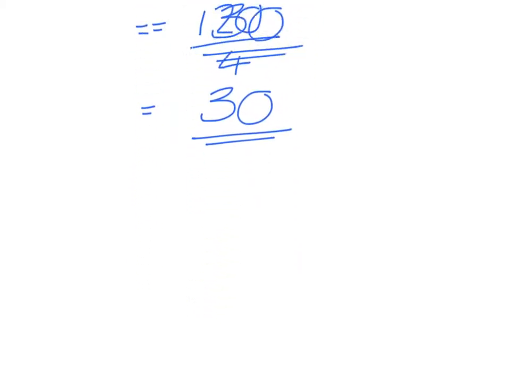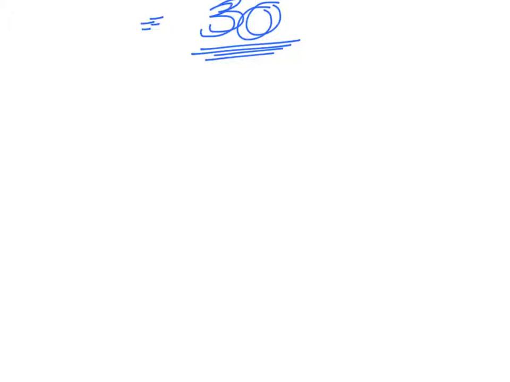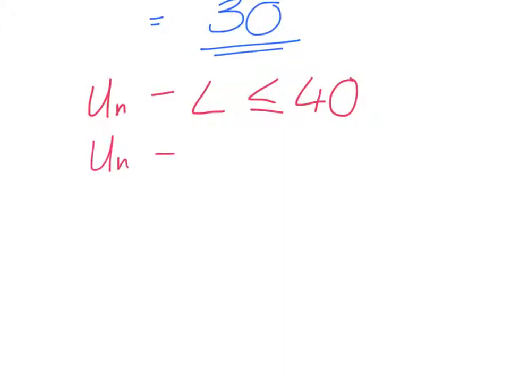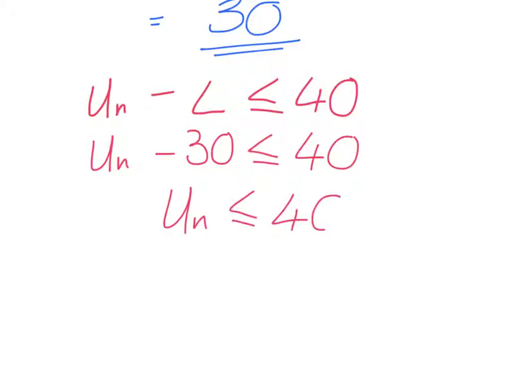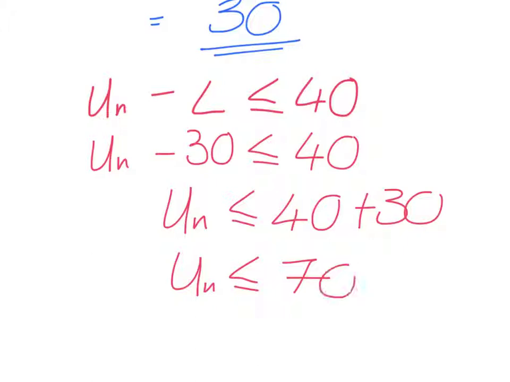Part B asks us to find un such that un, take away the limit, is less than or equal to 40. We have now worked out the limit, it's 30, so that means un minus 30 is less than or equal to 40, which means un is less than or equal to 40 plus 30, which means that un is less than or equal to 70.